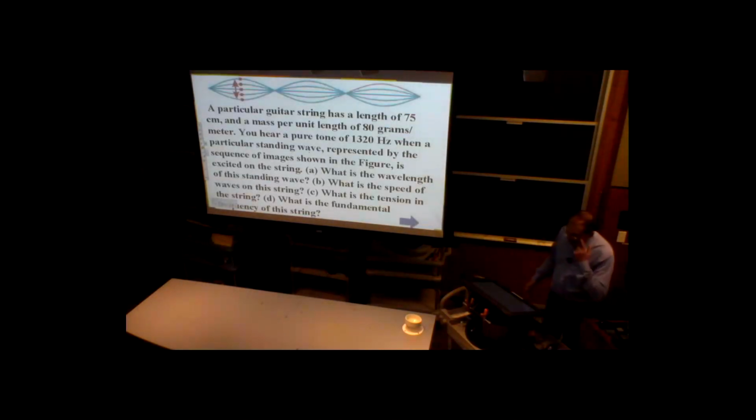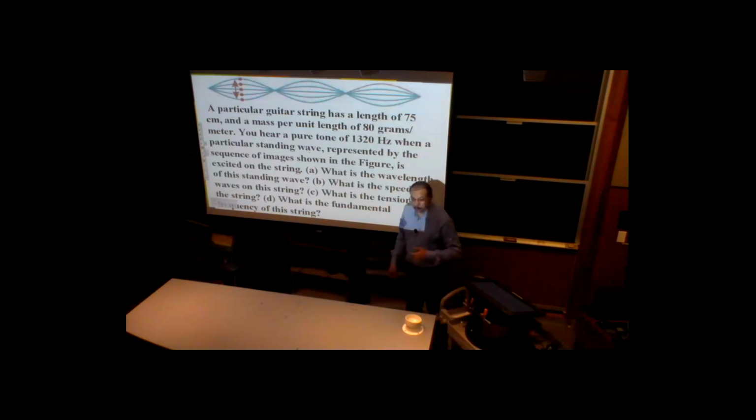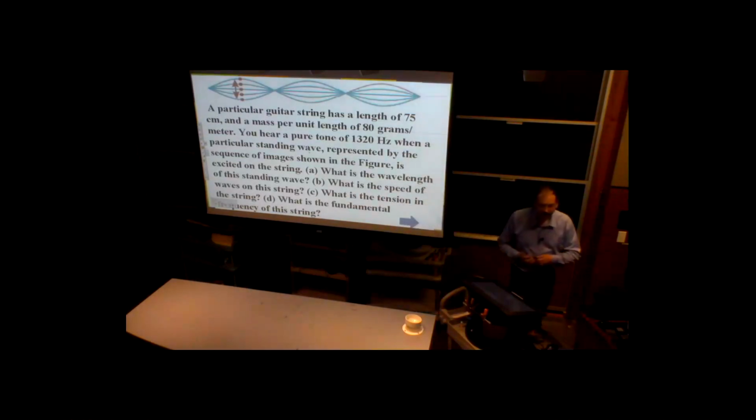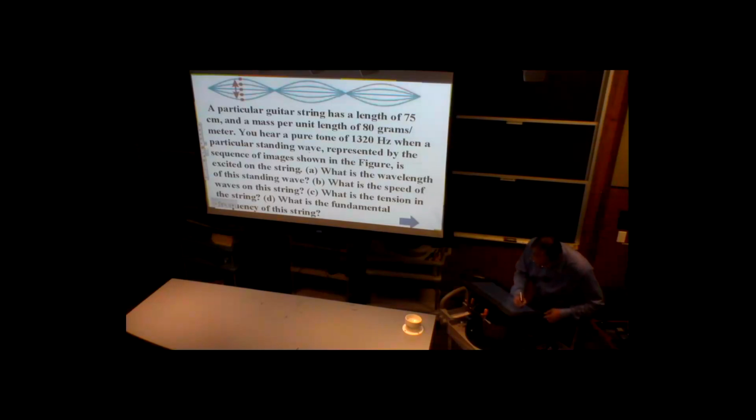Now, a specific example. So we have a lot of information here. The length, linear mass density, frequency generated, and so what does this mean? A sequence of images. Well, it means we roll a camera and then we look at several snapshots. We can assume that initially at t equals 0, this line represented the profile of the string.